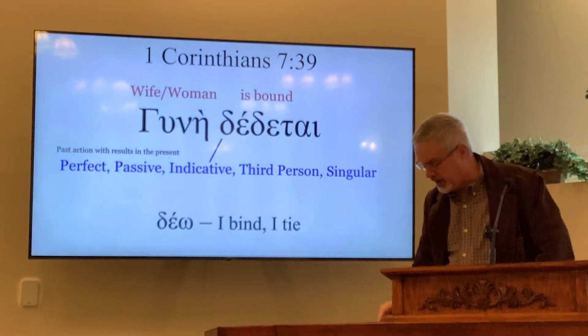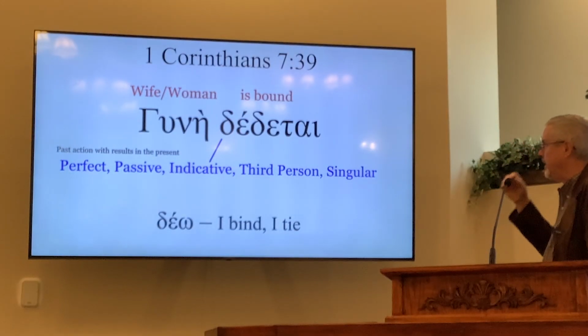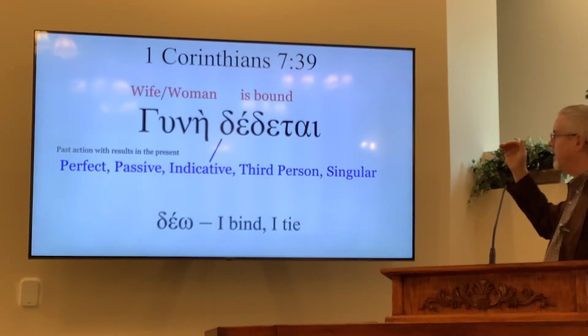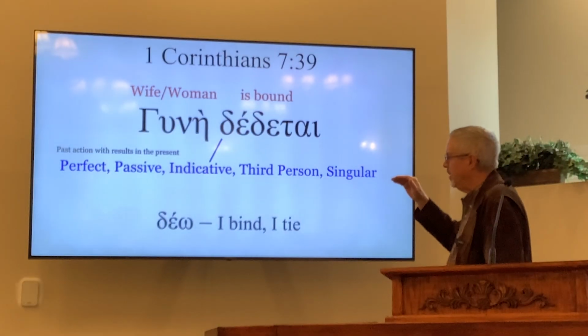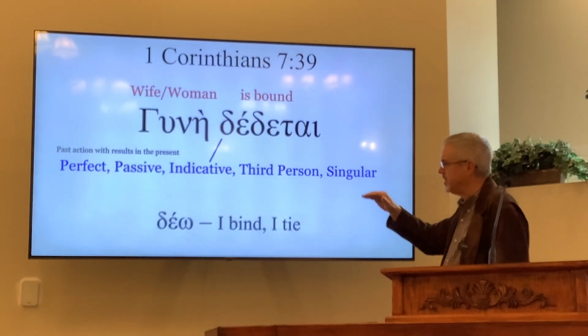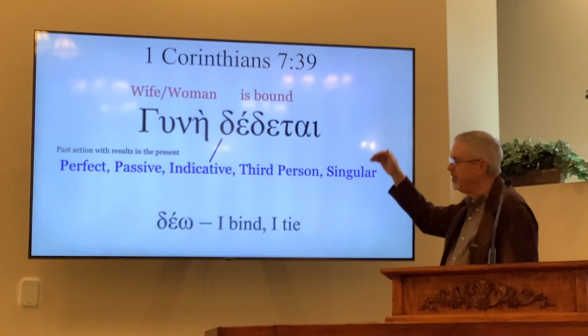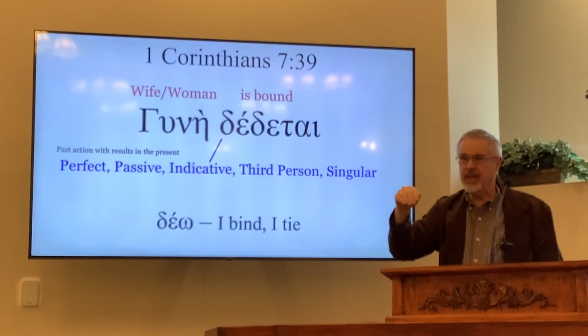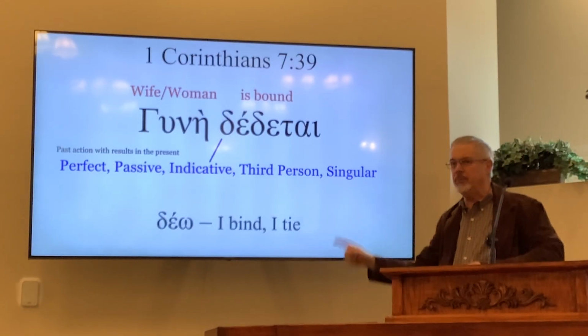But we look at this, that it is gune dedetai. And this is a verb that is perfect. Perfect means it is past action which has results in the present. It is passive, that she is bound by marriage. She's not binding anything. She's bound by marriage.